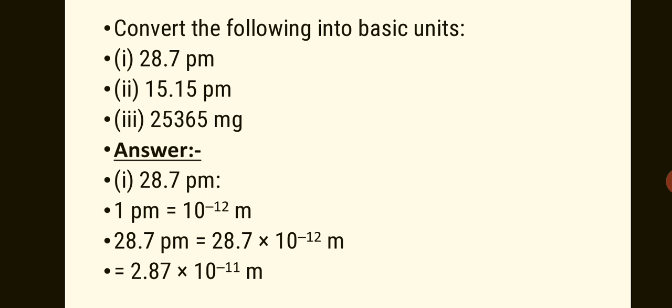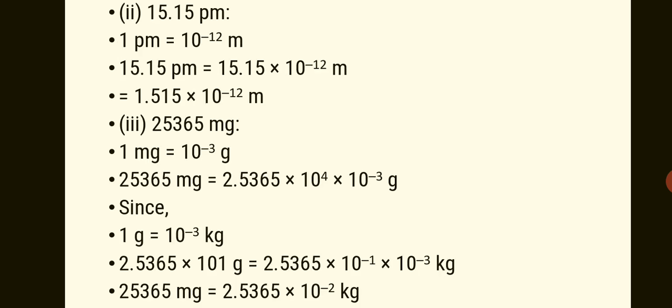Now we'll see 15.15 picometers. Again we are using the same relationship: 1 picometer is equal to 10 raised to power minus 12 meter. Multiply both sides in the relationship by 15.15. So you will get 15.15 picometer equal to 15.15 into 10 raised to power minus 12.